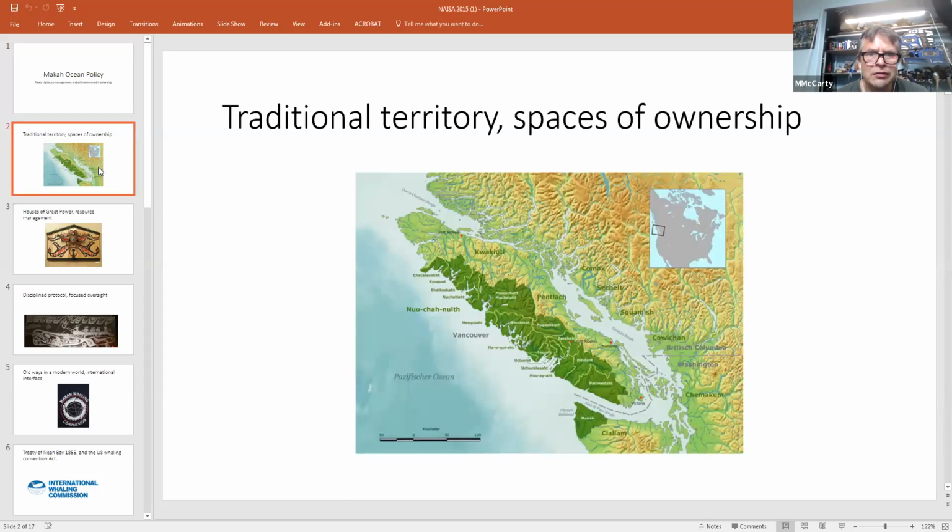It's important for me to distinguish that Makah, we are the only Nuu-chah-nulth within the United States. We were separated at this border through the Treaty of Paris, consecrated after the Stevens treaties.